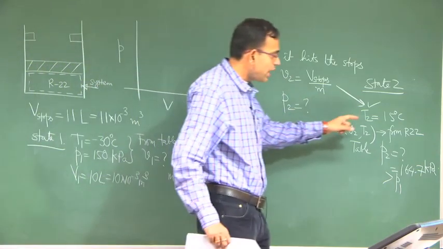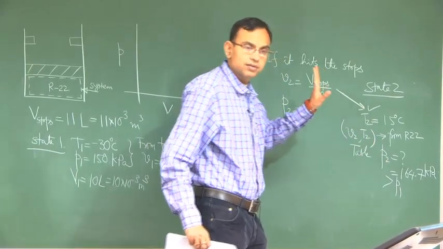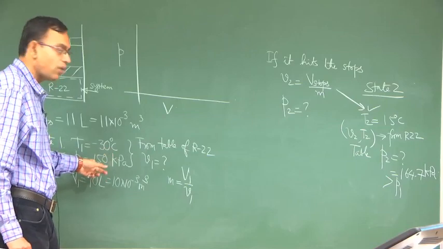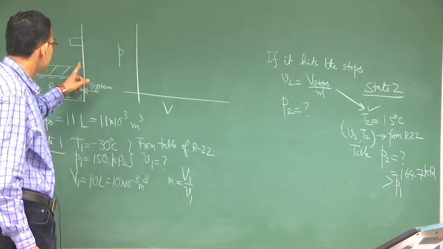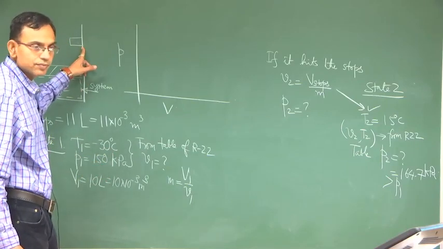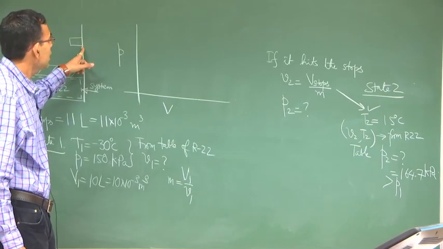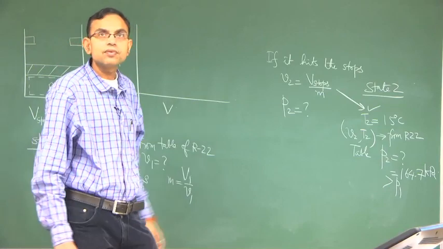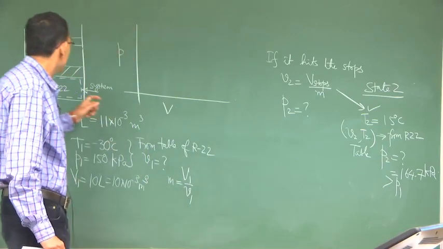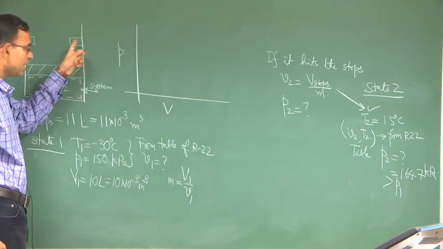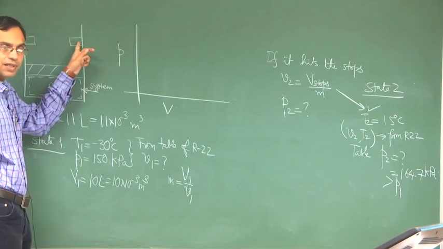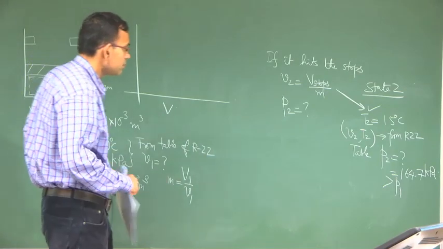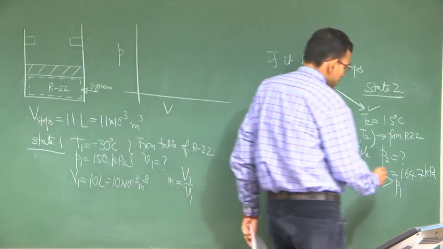Incidentally, its pressure could have remained the same as P1; that is possible. Had its pressure remained the same as P1, then it might not have hit the stops, you are not sure, or in the limiting case it may just have reached the stops. However, when it is greater than P1, that means it has hit the stops and the pressure is going up.